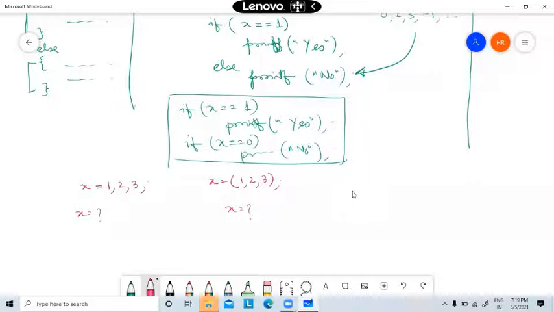Anyone? Please try. Sir, for the right hand side, it will be 1. For this x, it will be 1. Good. No. This one.